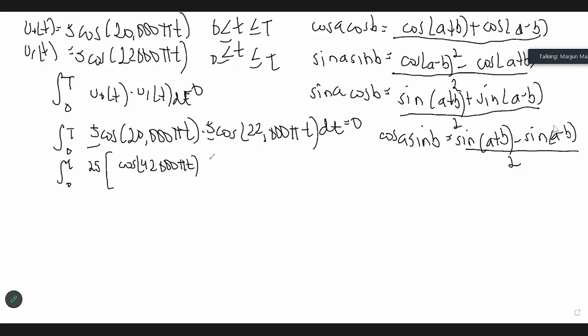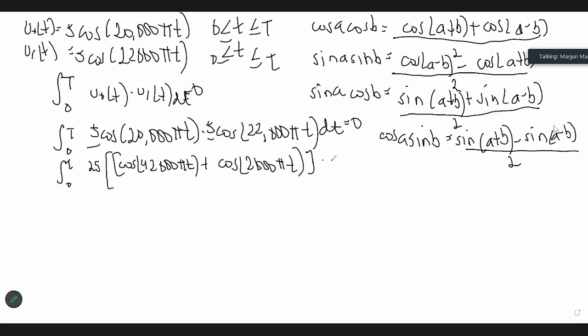Plus cosine 20,000 minus 22,000 is equal to negative 2,000 pi t. Okay? So magtataka kayo, oh, bakit sir positive?